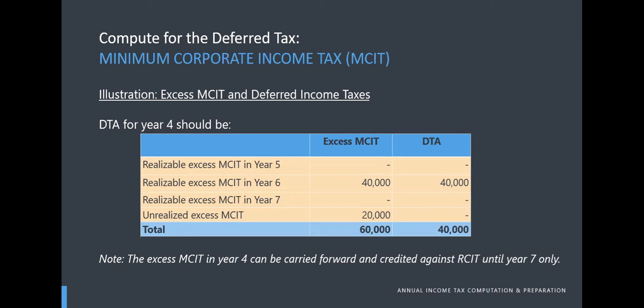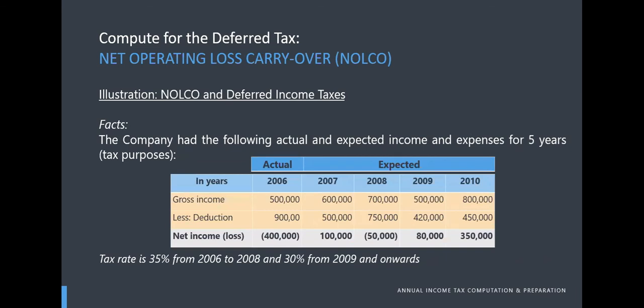Mali ata yung number ng year natin dito. Okay. I will just adjust the PowerPoint and send to you the revised one after this session. Okay.